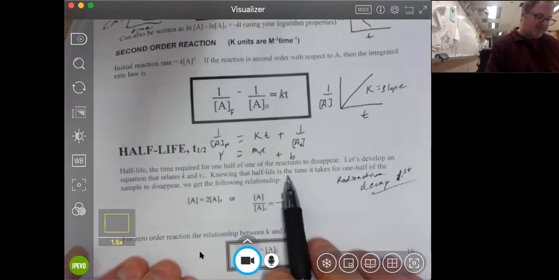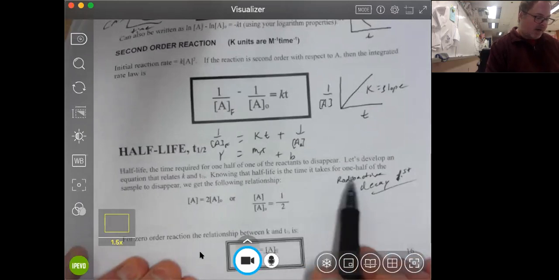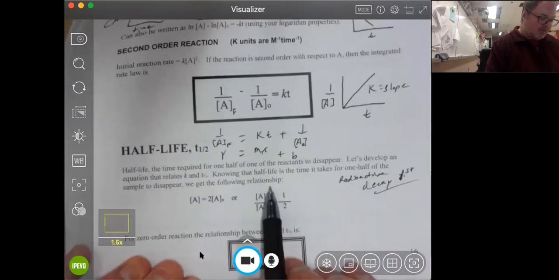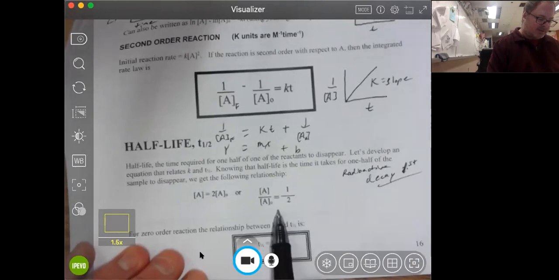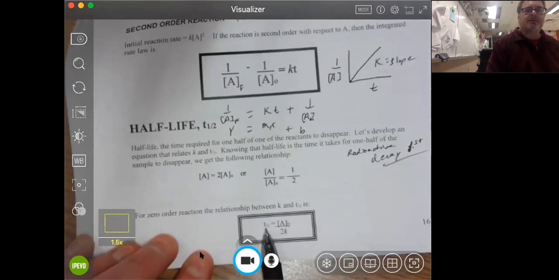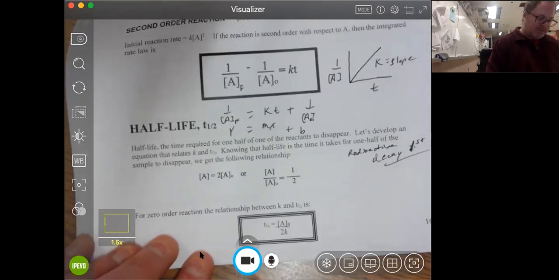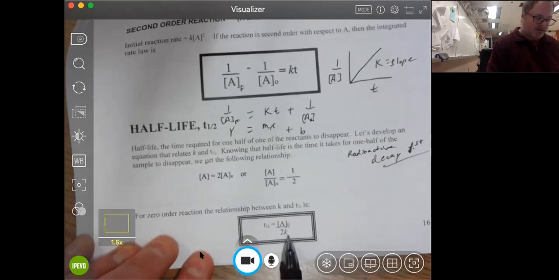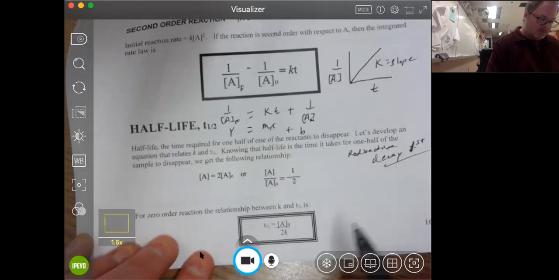So knowing the half-life is the time it takes for 1/2 of the sample to disappear, we get the following relationship. For second order reactions, you get the half-life is equal to 1 divided by K times the initial concentration. And what this means is that the half-life is directly proportional to the K and indirectly proportional to the concentration.